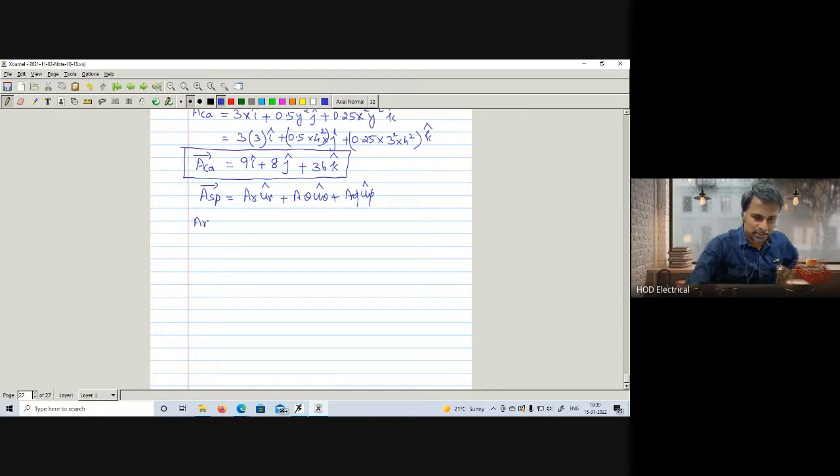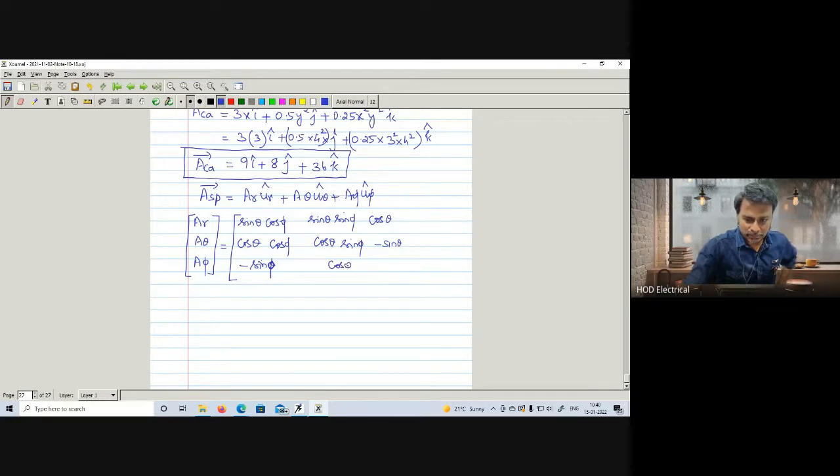So now A r, A theta, A phi can be written as the matrix: sin theta cos phi, sin theta sin phi, cos theta; then cos theta cos phi, cos theta sin phi, minus sin theta; then minus sin phi, cos phi and 0; into ax, ay, az.